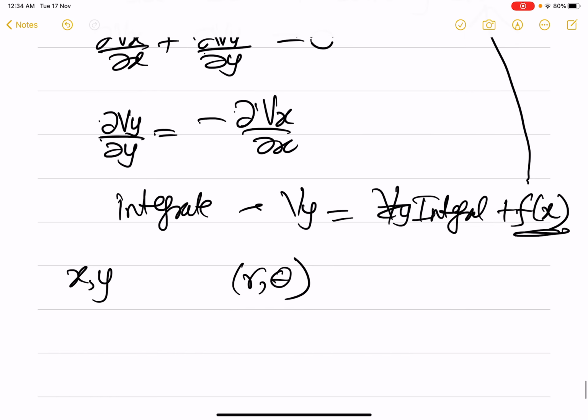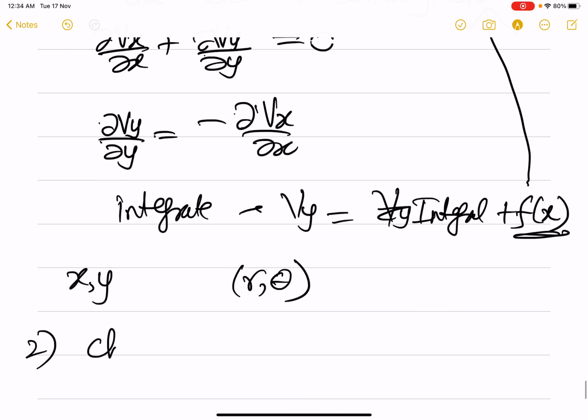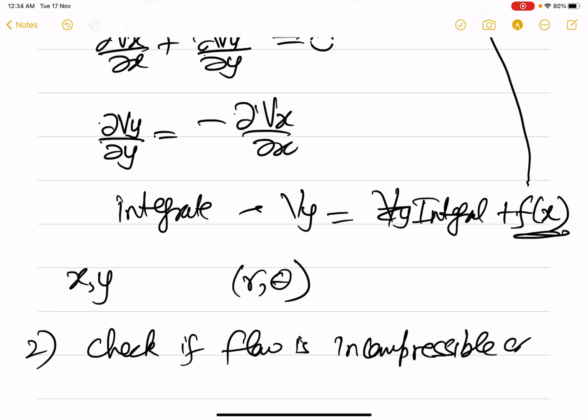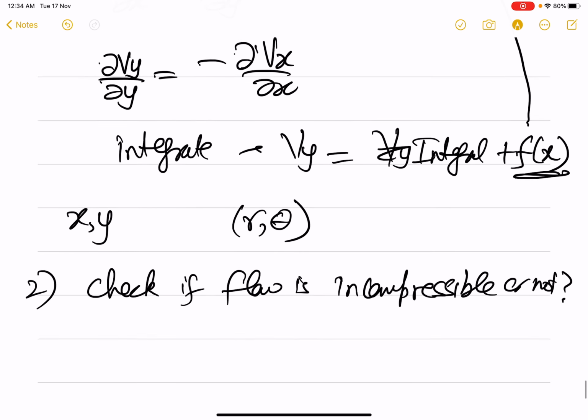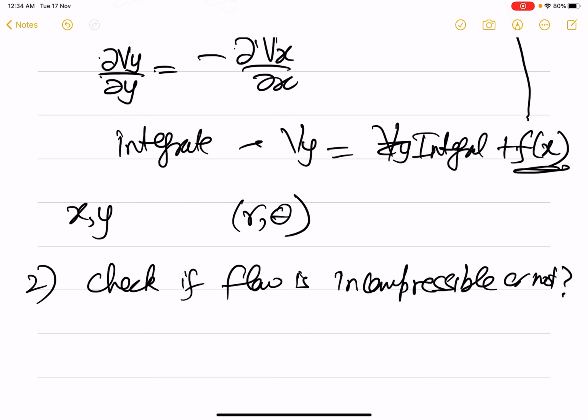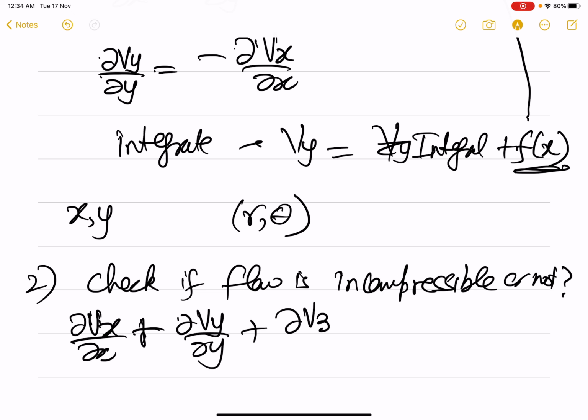Now sometimes you may be asked to check if flow is incompressible or not. In such problems, you will see if partial Vx by partial x plus partial Vy by partial y plus partial Vz by partial z is equal to 0, then flow is incompressible.